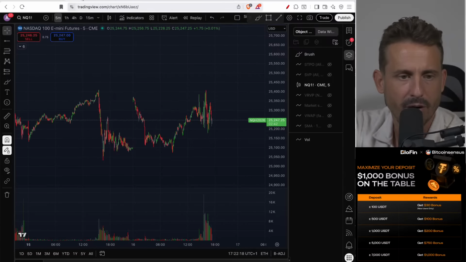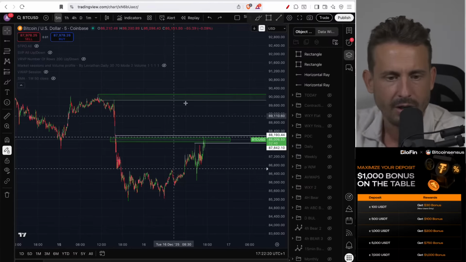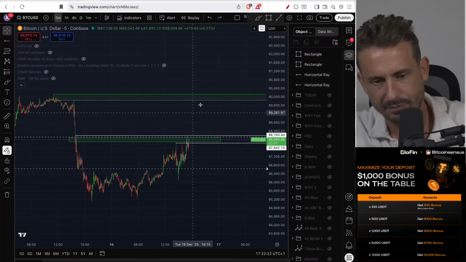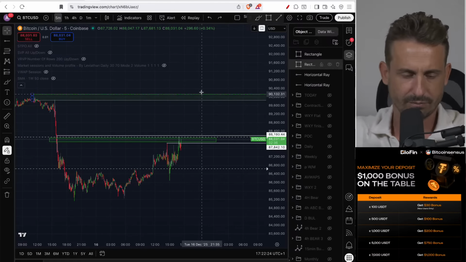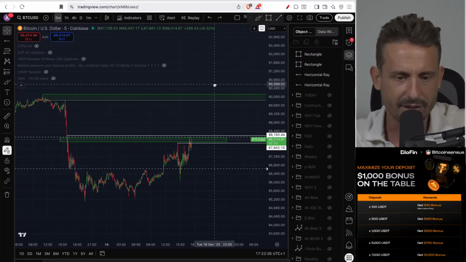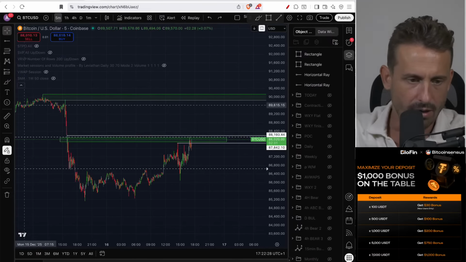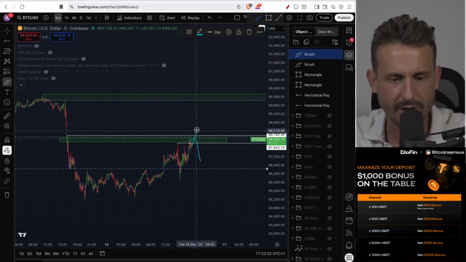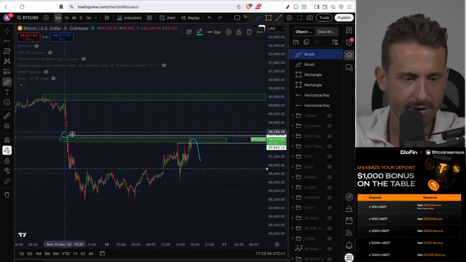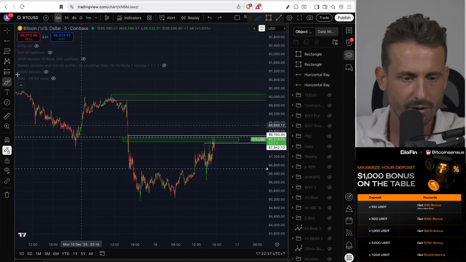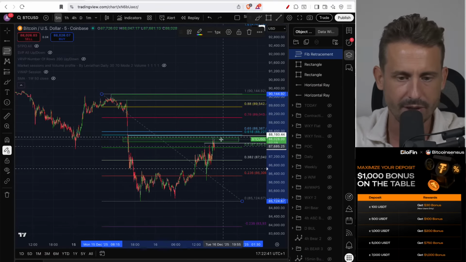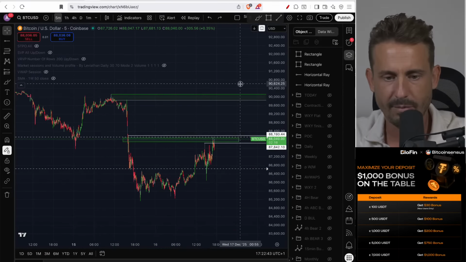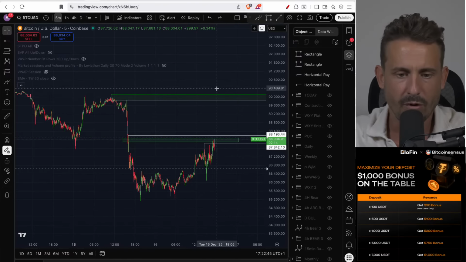Anyway, Bitcoin coming up to the level of interest. Let's see, guys, if we do get the reaction here. I'm only interested in a local correction if we do SFP from that 5-minute order block with the golden pockets. Just a scalp entry, just to get a few movements.